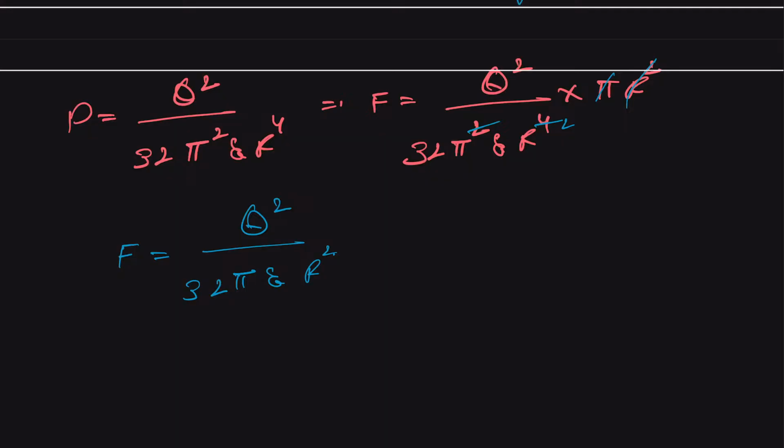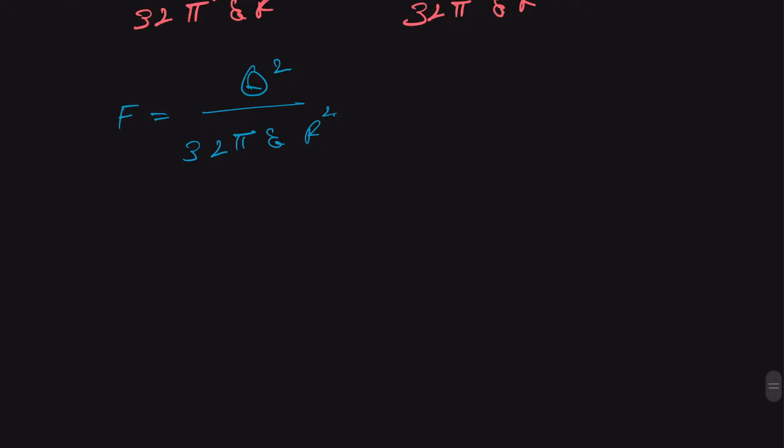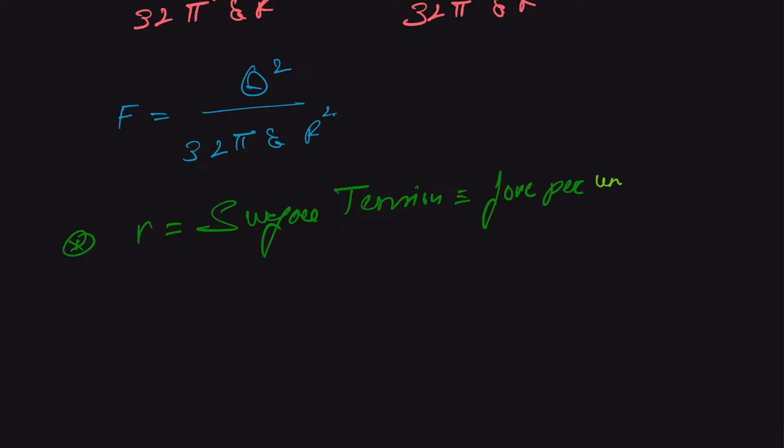And we are given the question that this force, which is because of the electrical pressure, will be balanced by the surface tension. So suppose gamma is our surface tension, which you can also write as force per unit length.